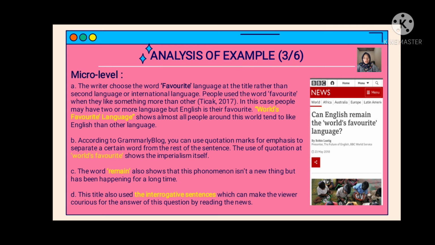And then the next, according to the Grammarly blog, you can use quotation marks for emphasis, to separate a certain word from the rest of the sentence. The use of quotation marks on the word favorite shows the imperialism itself. So yes, in the title there is a quotation mark around the word favorite. It shows the imperialism of a language.